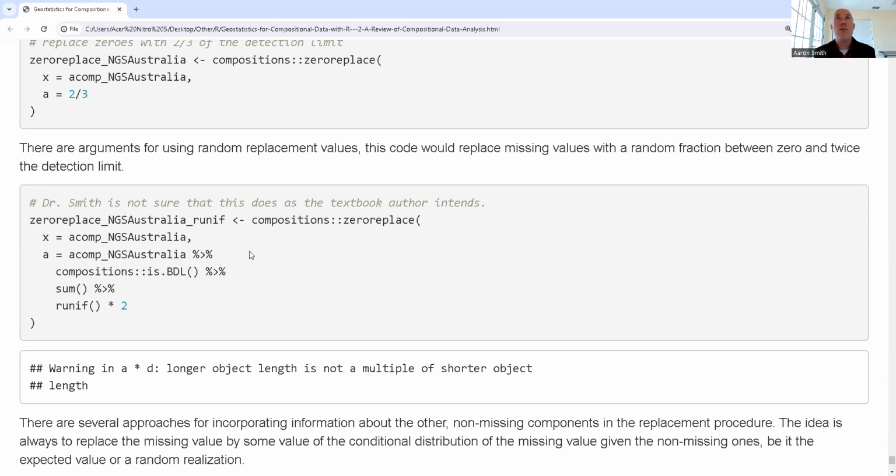Random replacement tends to look better when I do my univariate analysis, but really I don't care about the distribution of my univariate analysis. I care about the full composition of my model. In my machine learning experience, I prefer not to do the random assignment imputation techniques, but some people prefer it. It's a tool in your tool belt. Here we are using a random uniform value from 0 to twice the detection limit value.